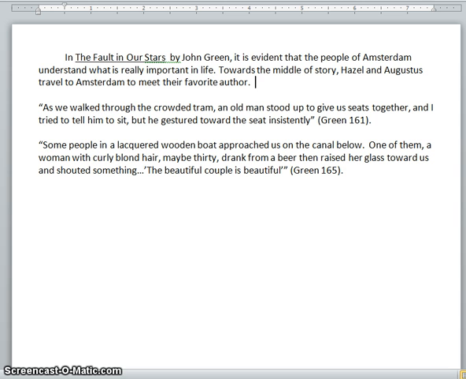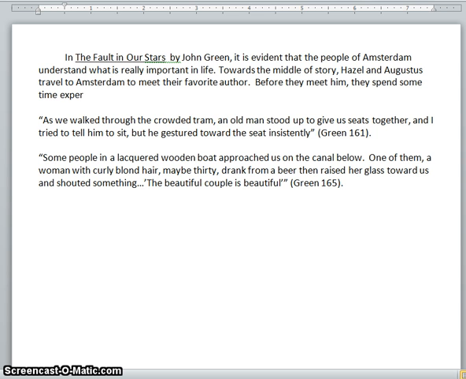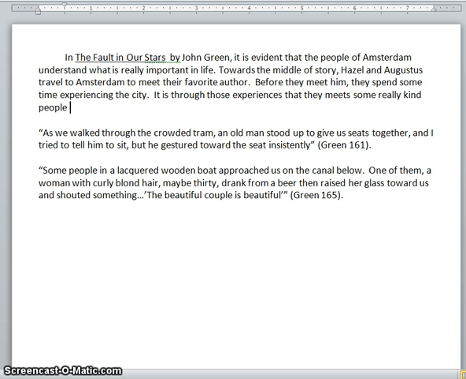I just need to get Hazel and Augustus to Amsterdam. I still need to figure out a way to get them onto this tram, so I'm actually going to insert a transitional word here. First person they encounter is an old man.